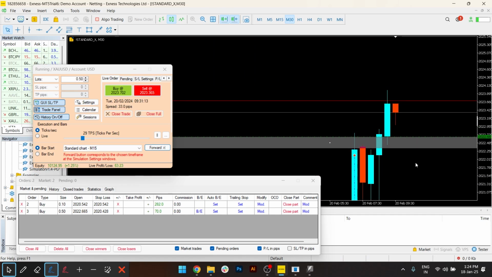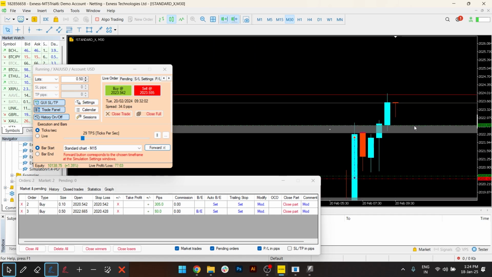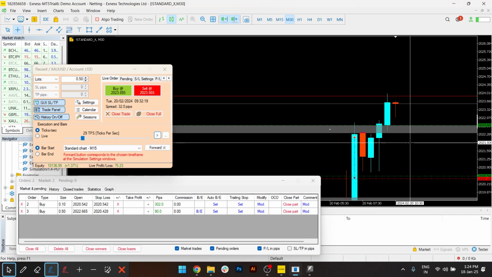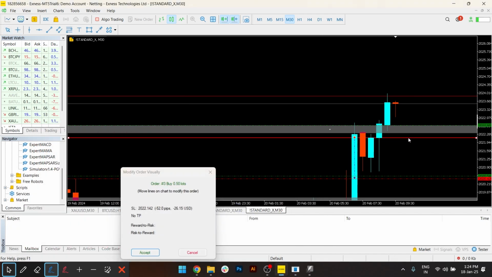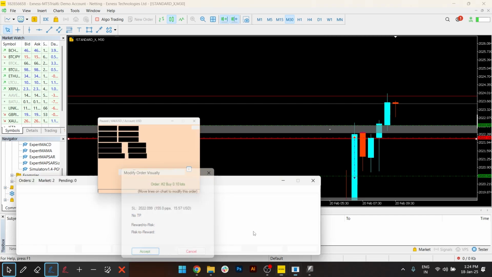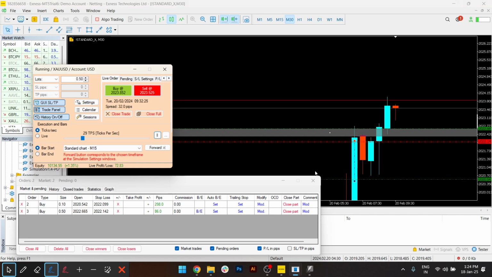So now I can manage my risk. What I'm gonna do is modify this stop loss below this 30-minute candle. Now I'm just managing my risk, right? If price comes down and starts breaking the low, then I'm out of both trades.